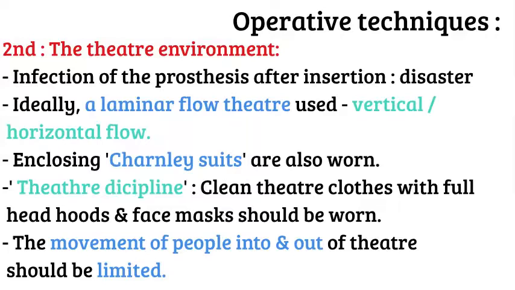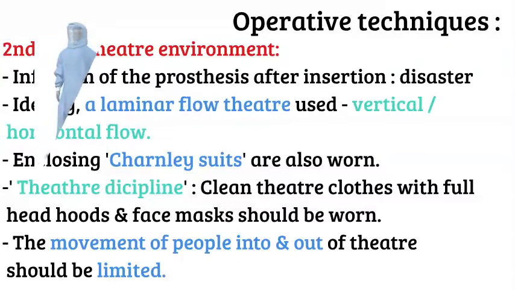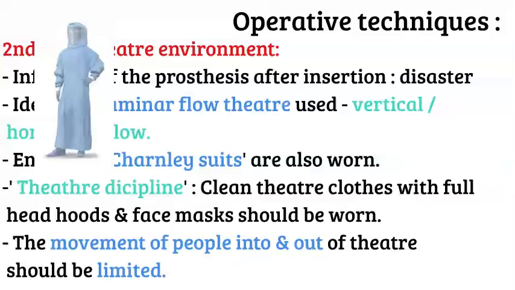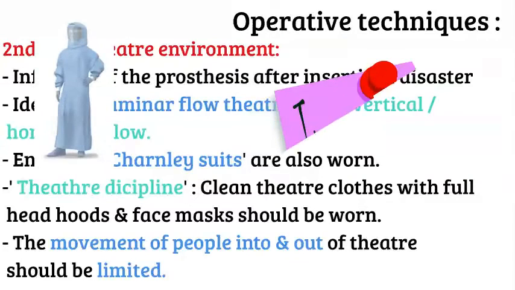In some of these operating rooms, totally enclosing Charnley suits are also worn. Theatre discipline is important. Clean theatre clothes with full head hoods and face masks should be worn. The movement of people into and out of theatre should be limited.